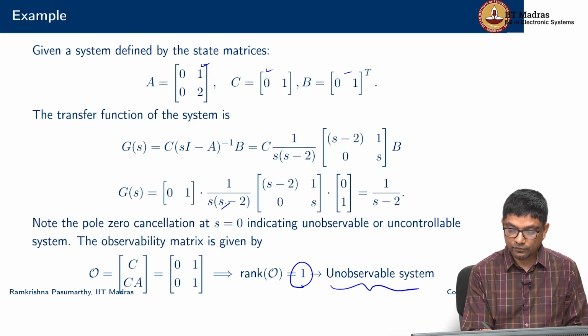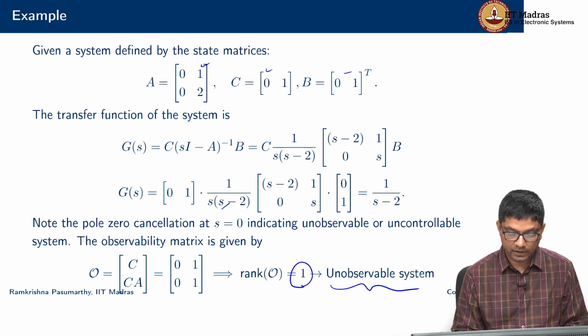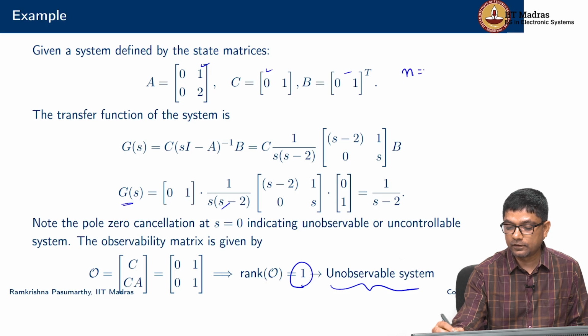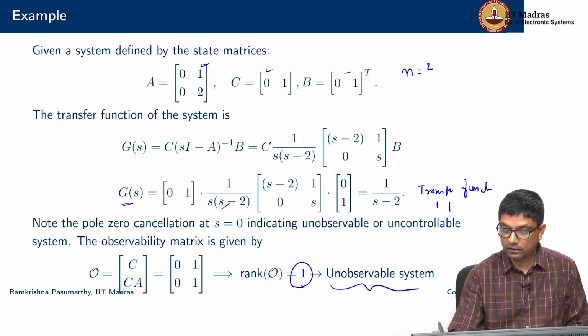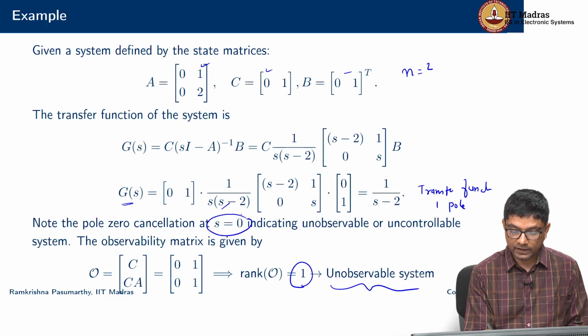I see some kind of a pole-zero cancellation that is happening, right. So, I start with a system of n equal to 2, and the transfer function has only one pole, indicating a cancellation at s equal to 0.